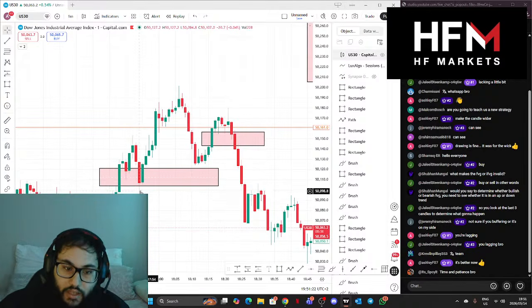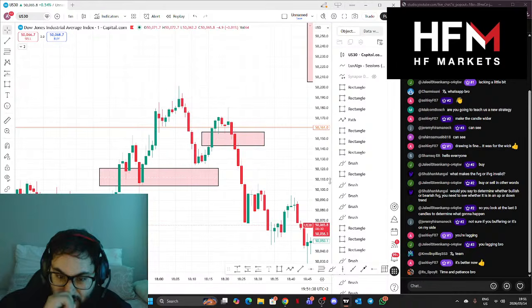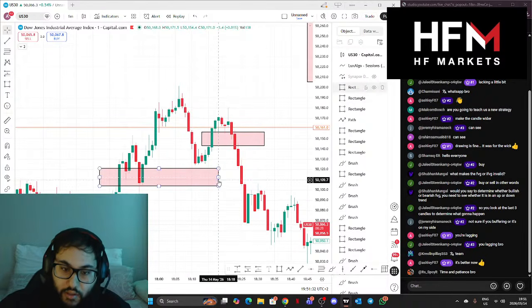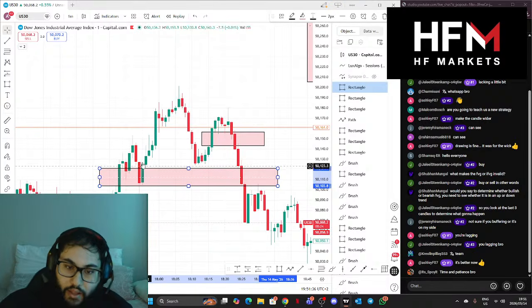It just tapped it, but it didn't close below. It closed inside the fair value gap and then pushed up. Eventually, of course, it did end up pushing down. You can see it pushed down, there we go. But we had the fair value gap here.